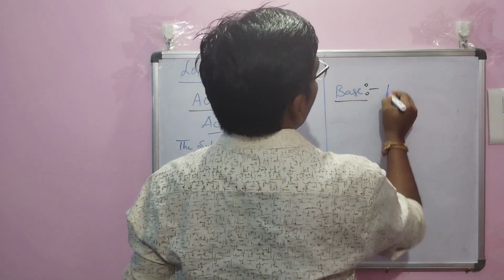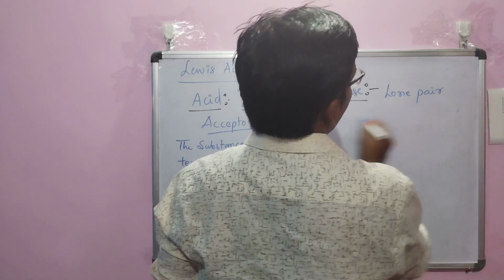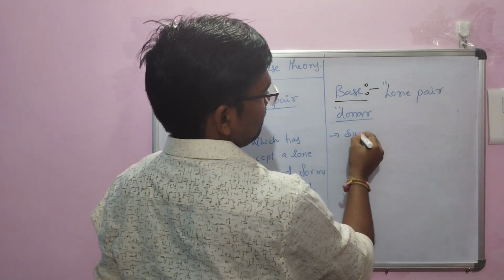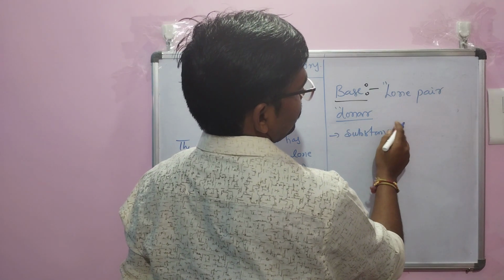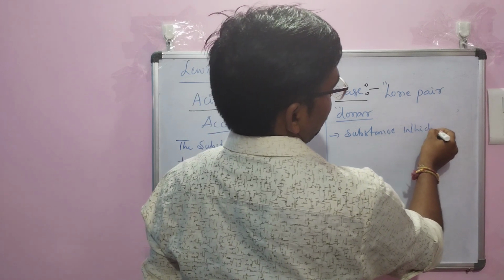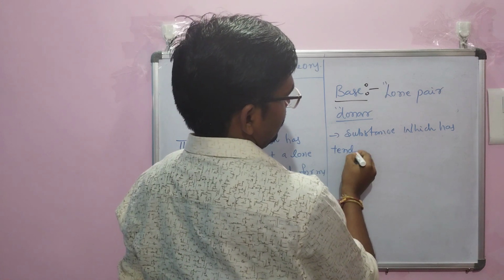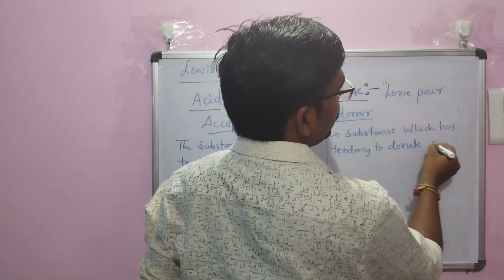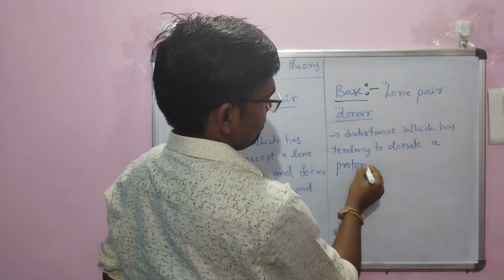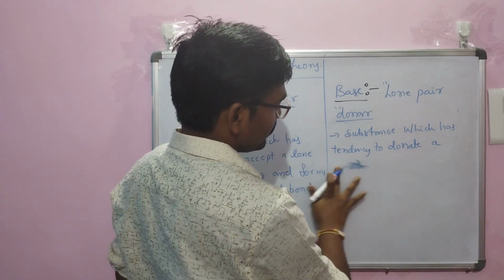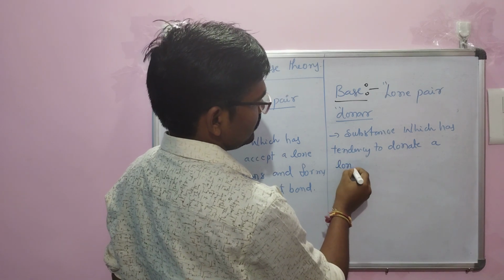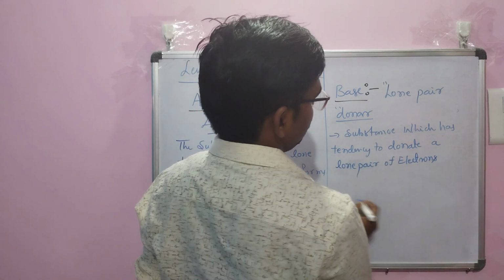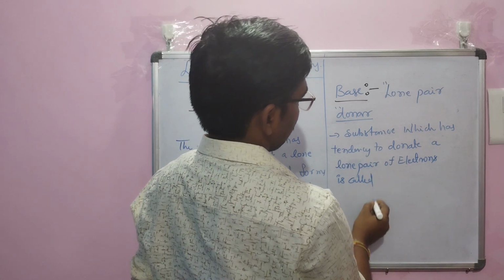So lone pair donor is called a base. The substance which has the tendency to donate a lone pair of electrons is called a base.